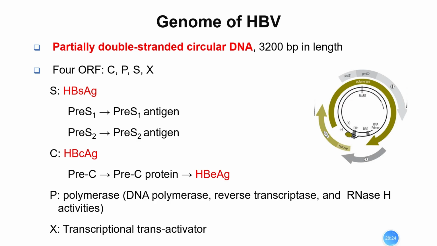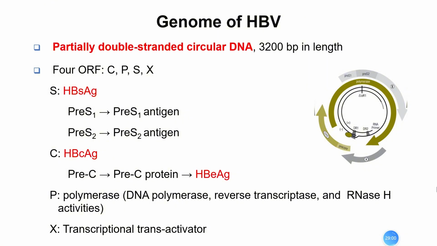The first one is open reading frame S here. It encodes three antigens. The major one, the surface protein S, HBV surface antigen, but it also encodes the pre-S1 and pre-S2 antigens. Those are the surface antigens. And the core open reading frame, C, here, encodes the C antigen.